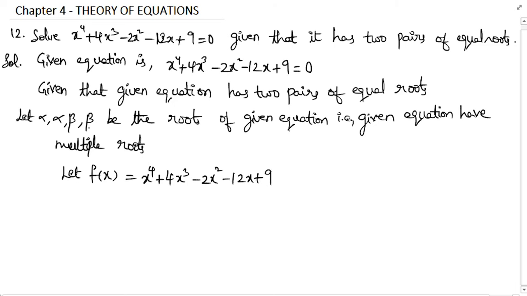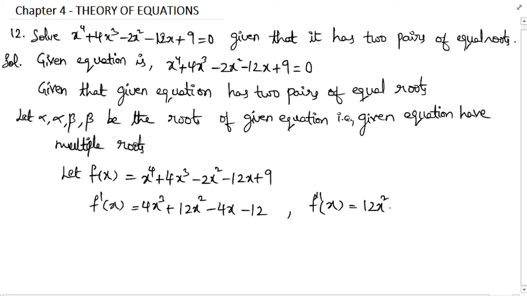So now f dash of x will be equal to 4x cube plus 12x square minus 4x minus 12. And f double dash of x will be equal to 12x square plus 24x minus 4.